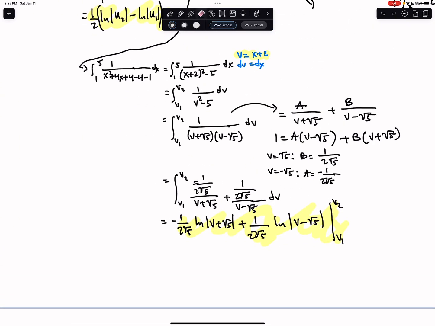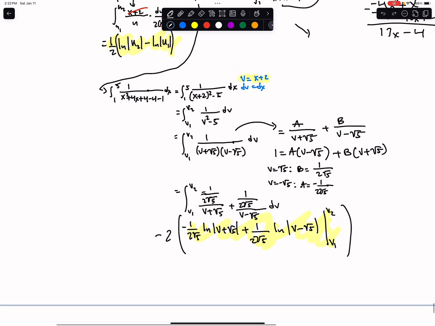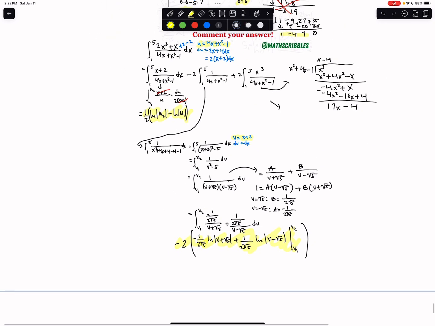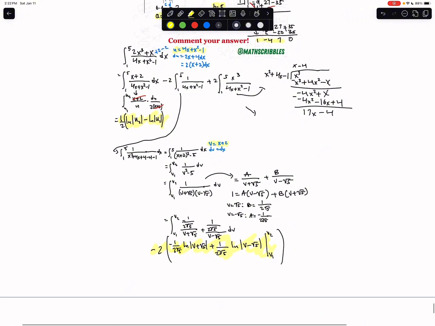I'm going to rewrite this here, times negative 2, right? That's a linkage error, so this is what we're dealing with here, okay? Right, negative 2 and times that guy.